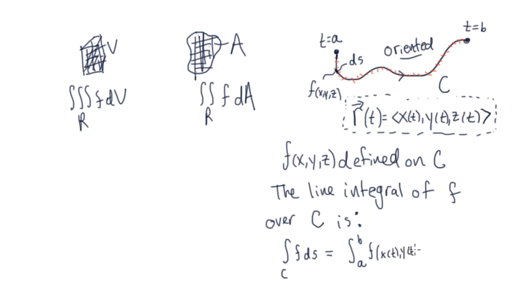So this is kind of like the chain rule. We've seen this idea before. And then what I want to do is I want to multiply by the derivative, specifically the magnitude of the derivative, or you can think about the speed of the particle, dt.